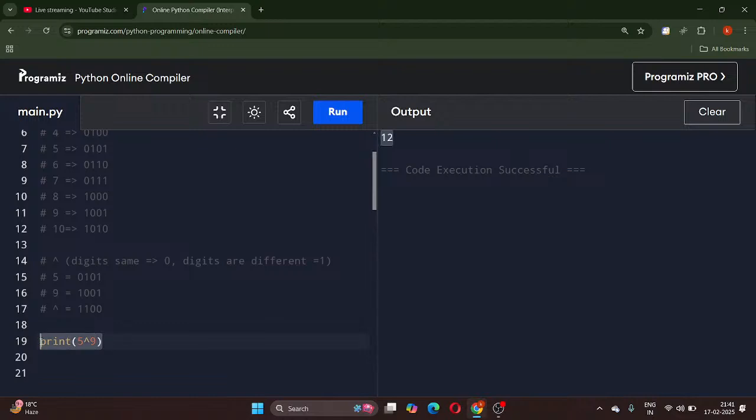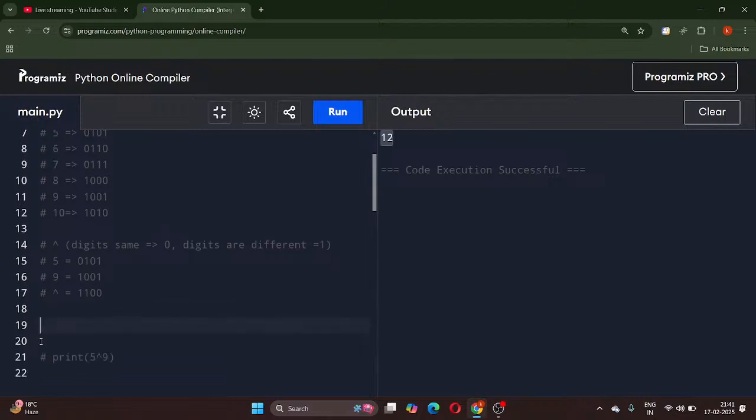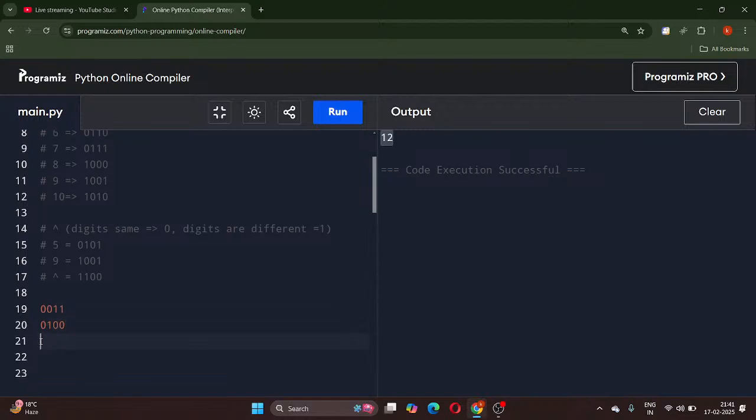Let us try one more example for this. Suppose this time we want to XOR this value, which is 3, with 0100, right? We want to XOR these two values. So this is basically 3, and we want to XOR 3 with 4.